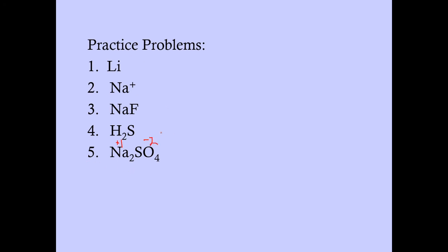Alright, so we don't have a rule for sulfur, so we need to make sure we figure it out. But just like in question number 4, we need to make sure we're accounting for however many elements we have. So if I'm not 100% sure, I'll just set it up as a really simple math problem down here.